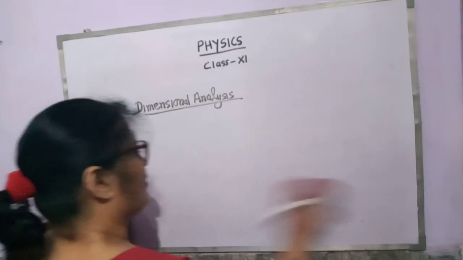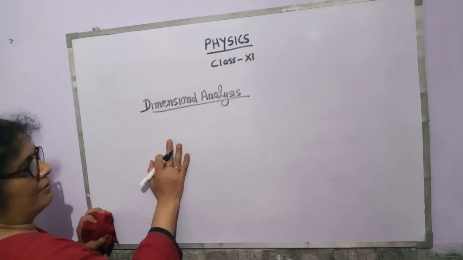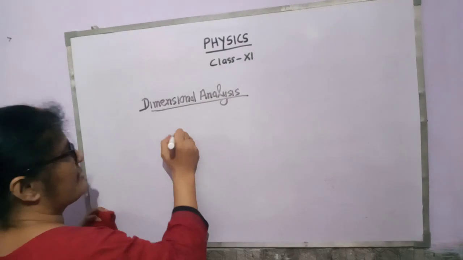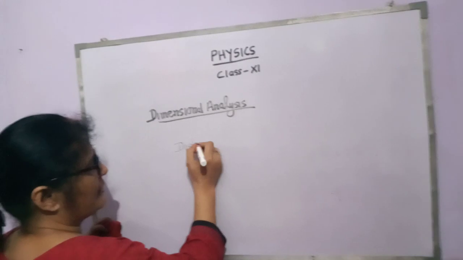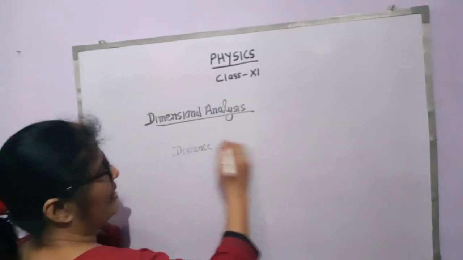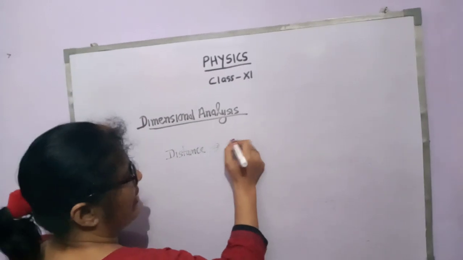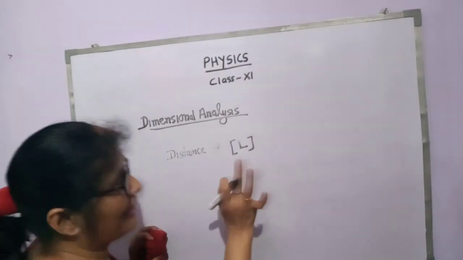Now, what is the dimension of distance? Distance means length. That means L. Now it is only L. M and T are absent.